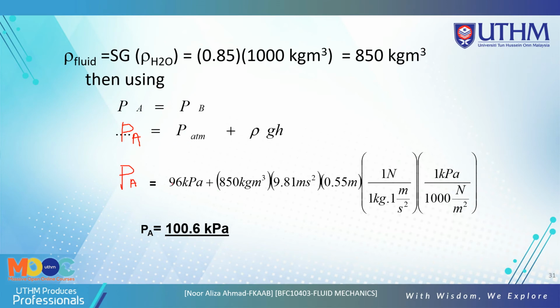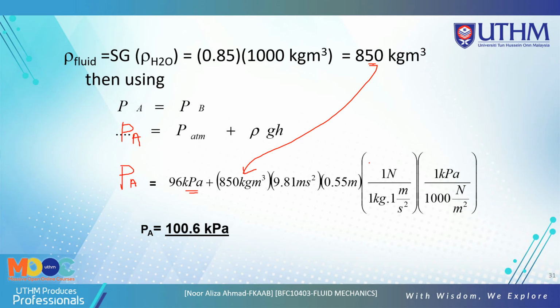P atmosphere is 96 kilopascal. The SG of this fluid is 0.85 times 1000, so you get the density of the fluid. That's why you put the density of the fluid here, and g is 9.81 and h is 0.55 meter. I use this 1 kilonewton per 1000 Newton factor because we are using kilopascal.